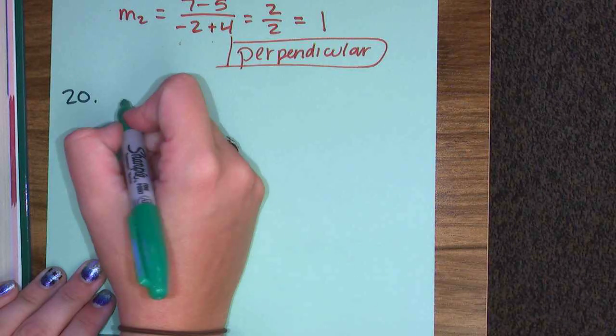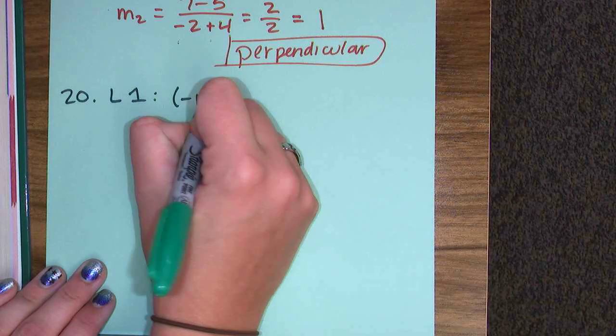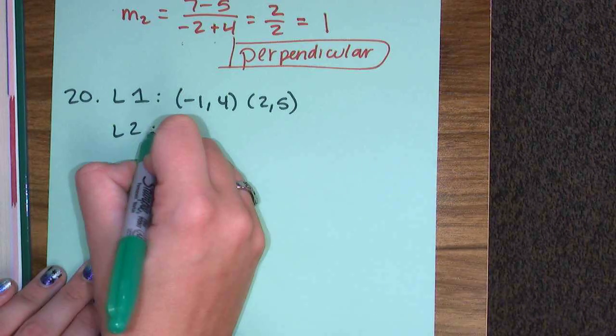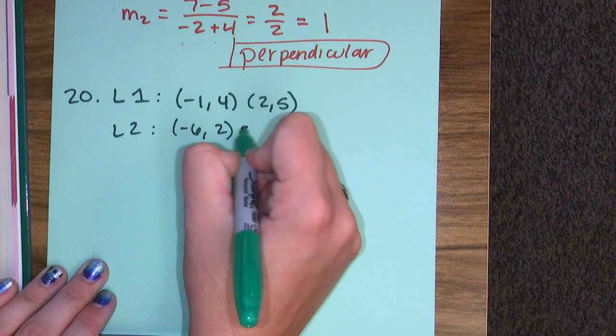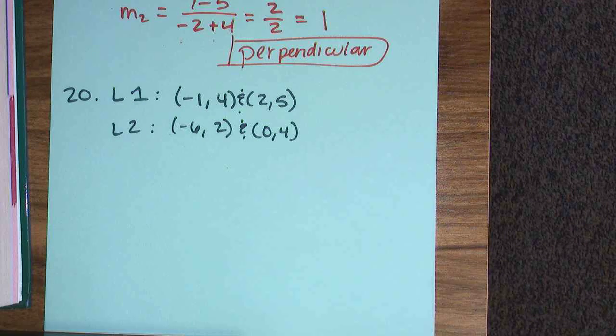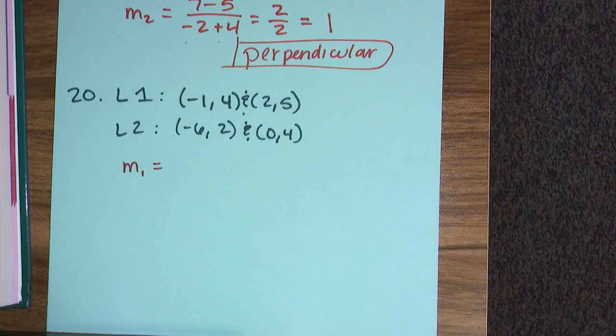Number 20. L1 is negative 1, 4, and 5. L2 is negative 6, 2, and 0, 4. Alright. Slope 1 is what?